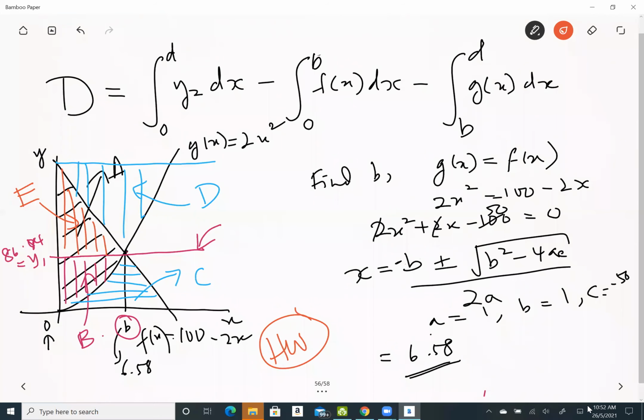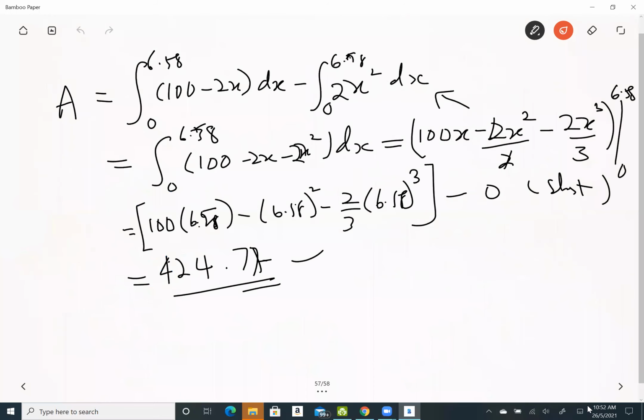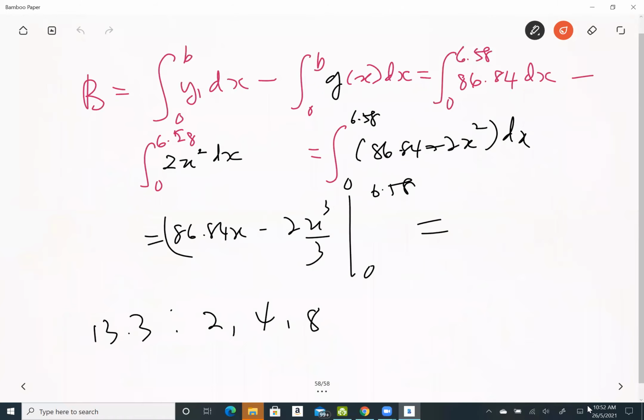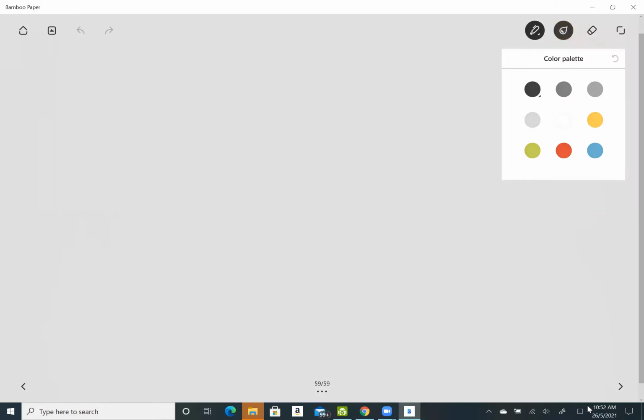So the application of this kind of thing, we are looking at 13.4. That is the application on consumer surplus. This is economic application, consumer surplus.